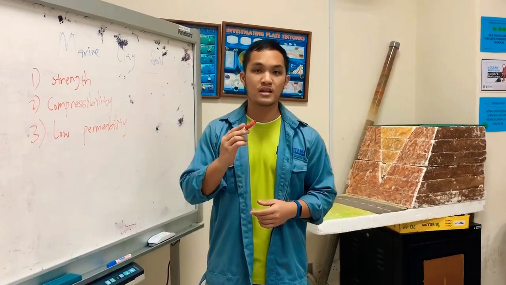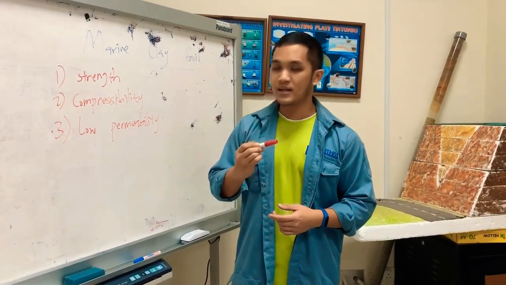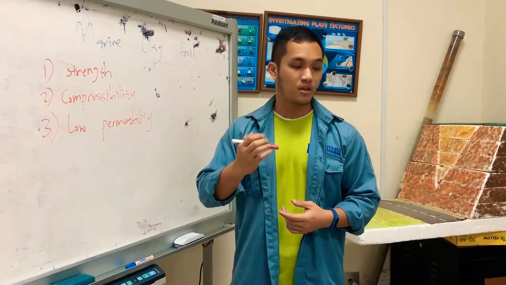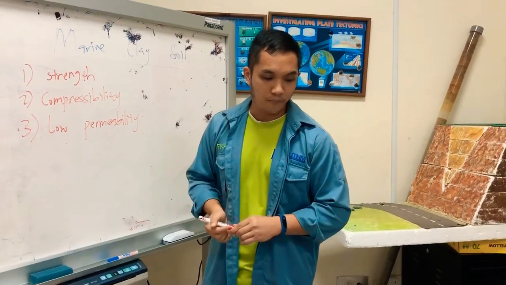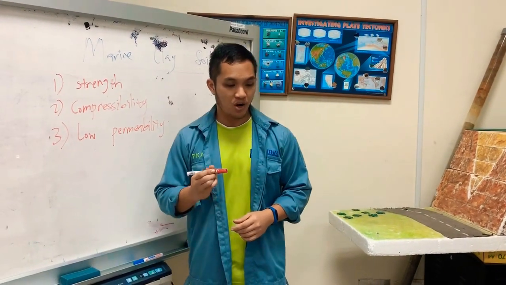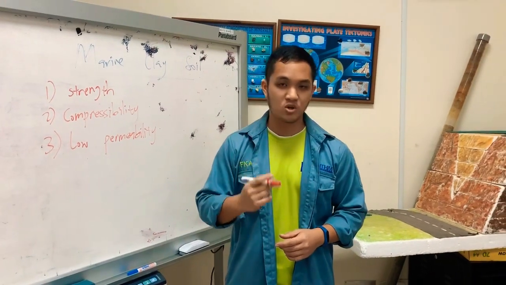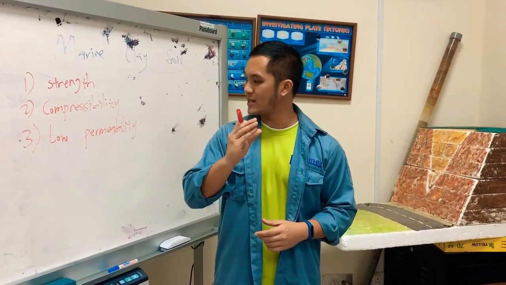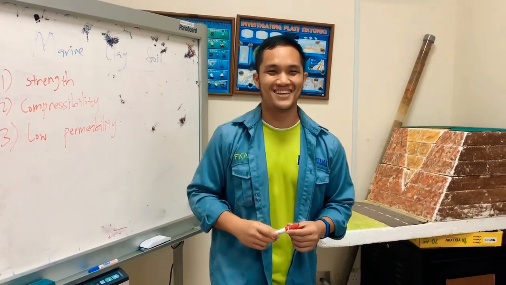The moisture content in marine clay soil is usually higher than its liquid limit. When it is higher than its liquid limit, the properties of the soil are mostly the same as a liquid. So, it is hard for us to drain water from marine clay soil because of its small pore space. That is what is meant by low permeability.